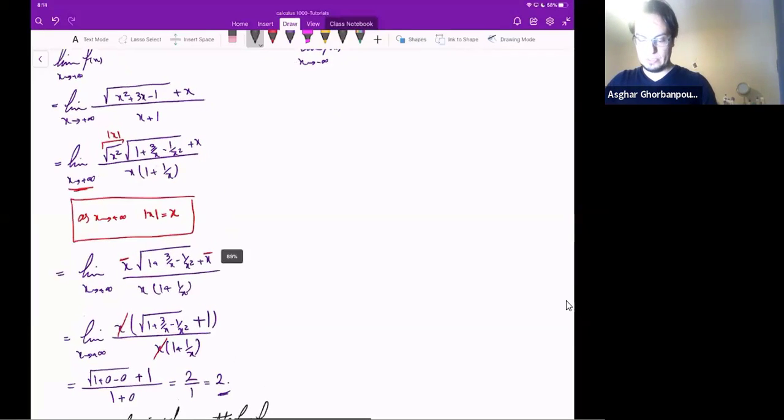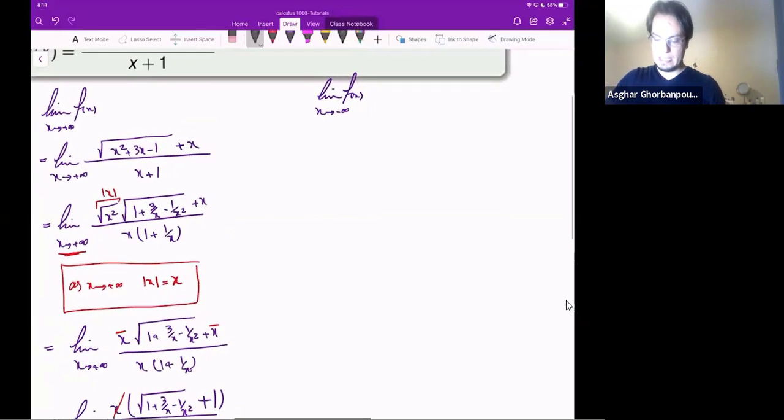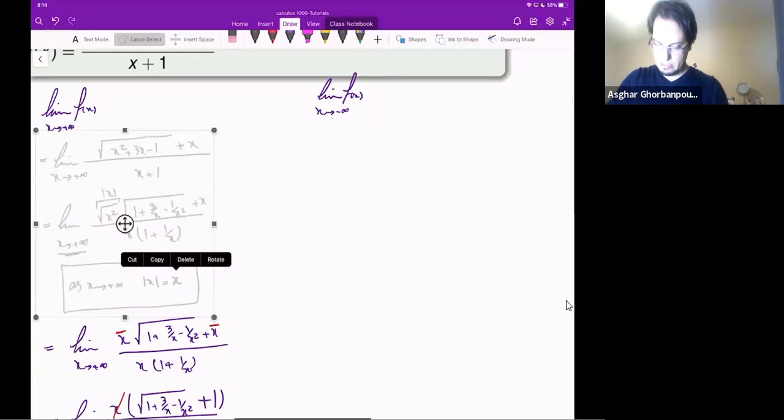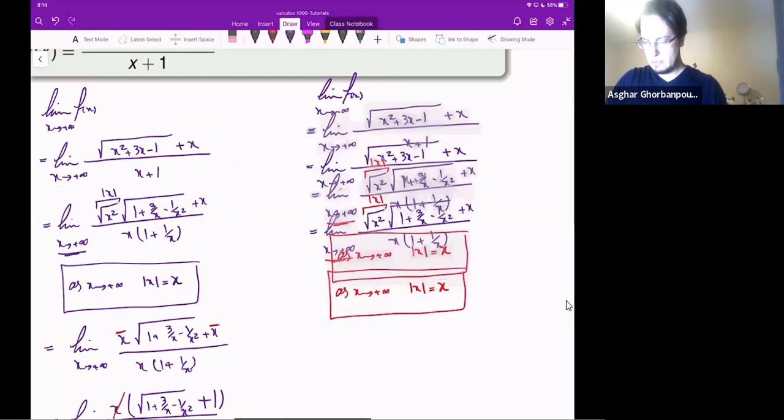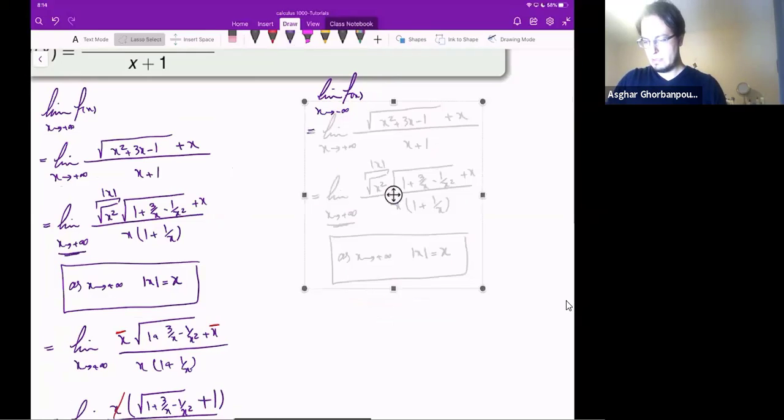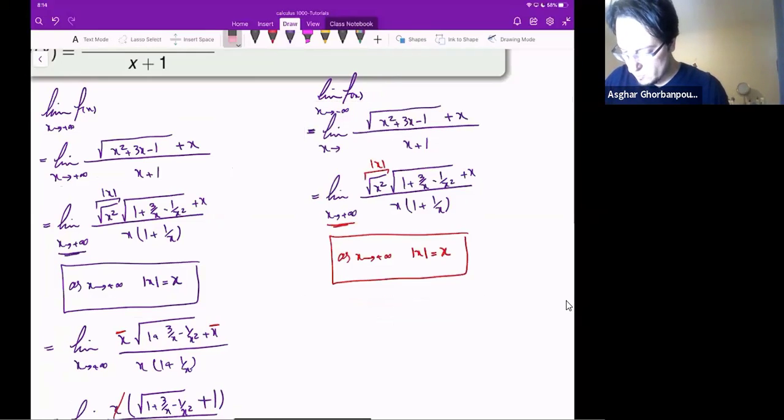Let's see what will happen for the other limit. Well, the computations will go very similar to the previous one. So let me just copy this piece and paste it here. But now we are working with x approaching negative infinity.